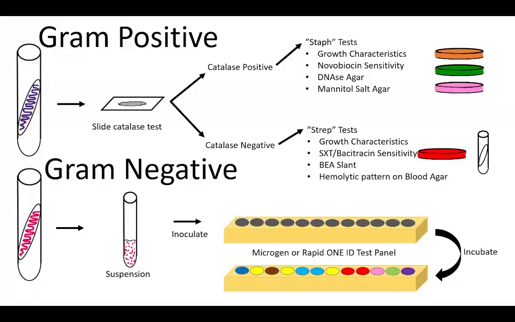Now, with that said, the most important thing to get the best results and the identifications correct is to make sure you're very careful to use aseptic technique, because if you don't, you're going to run into a lot of contamination issues that can alter the results incredibly. A perfect example of this is the catalase test. If you remember, catalase is an enzyme that most living things have, but a couple don't.